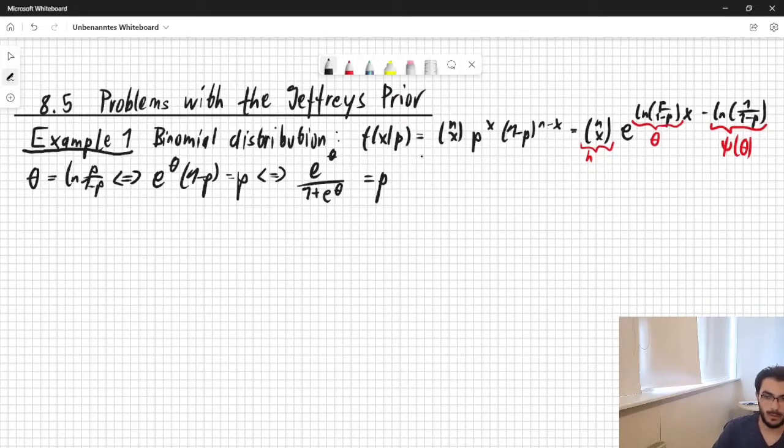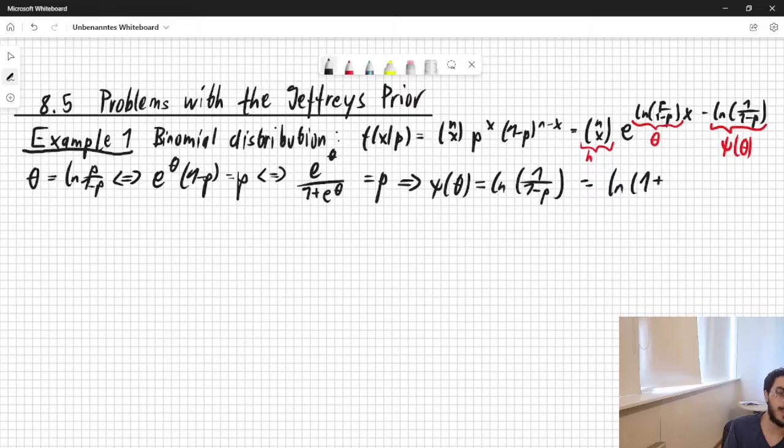So psi of theta, which is equal to the logarithm of 1 over 1 minus p, is just, if you plug it in, the logarithm of 1 plus e to the power of theta.